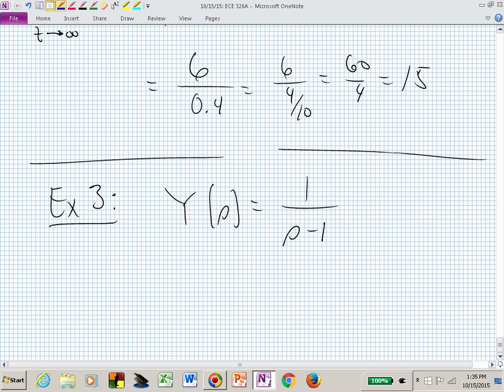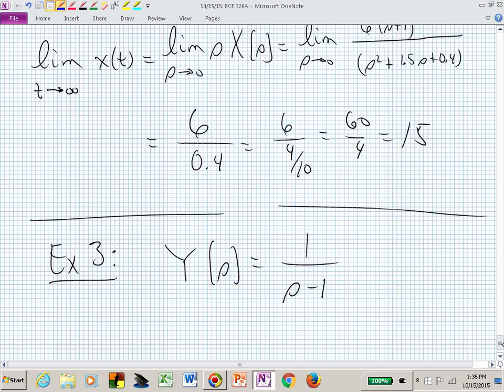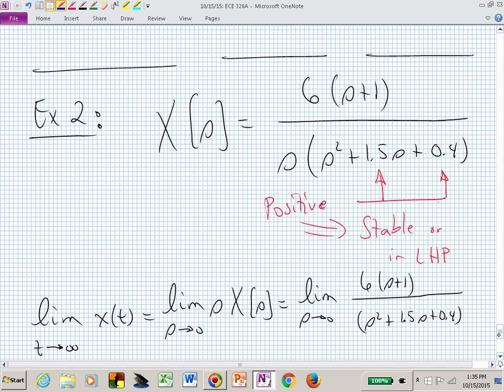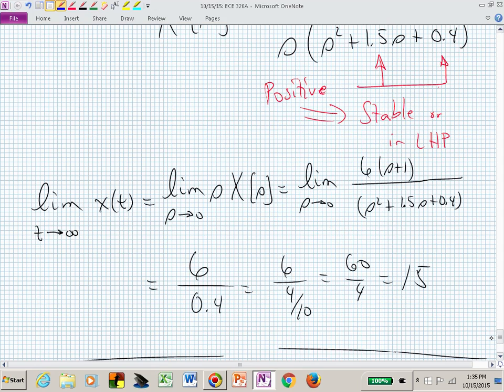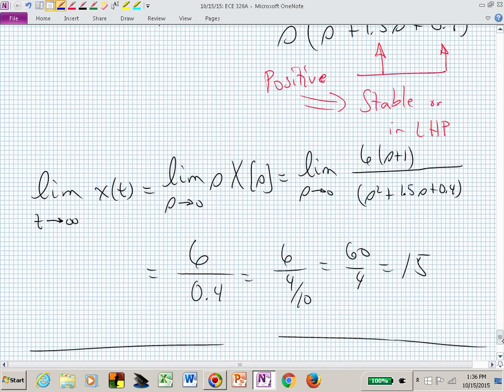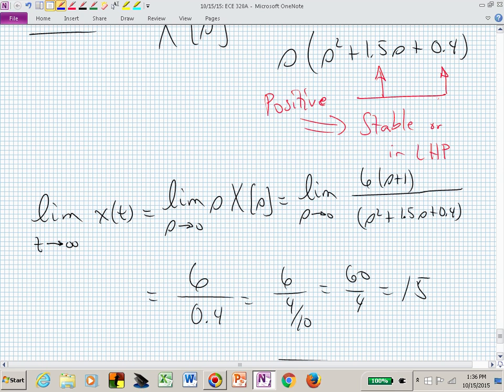Question. So 15, that representing the value of the function. So now this 15 is what little x of t would approach when you let t go to infinity. So after all transients have died out or gone away, your little x of t will approach 15. That's the final value.